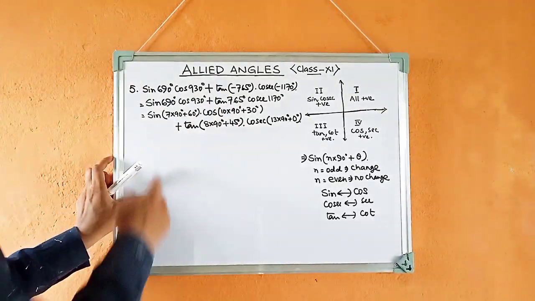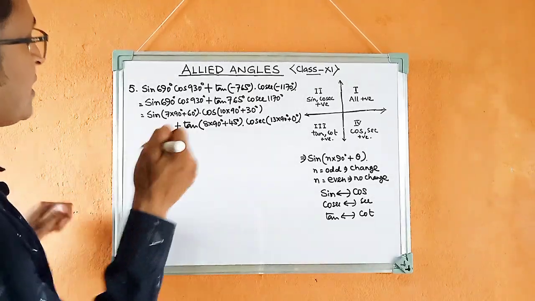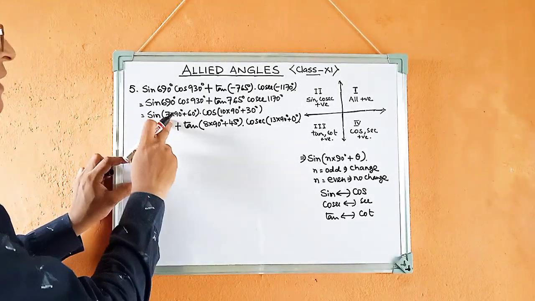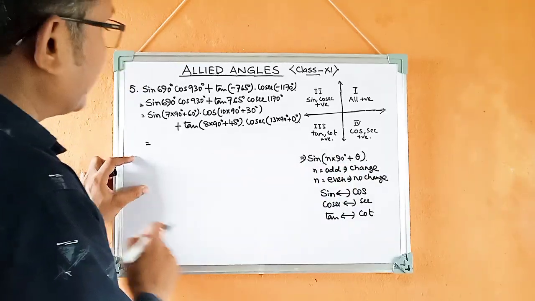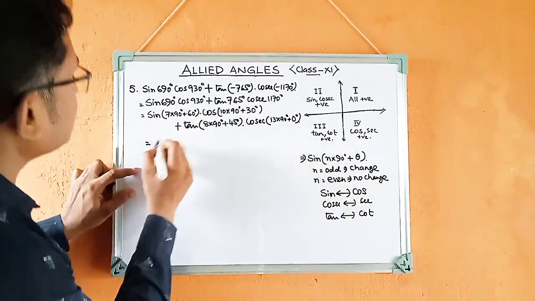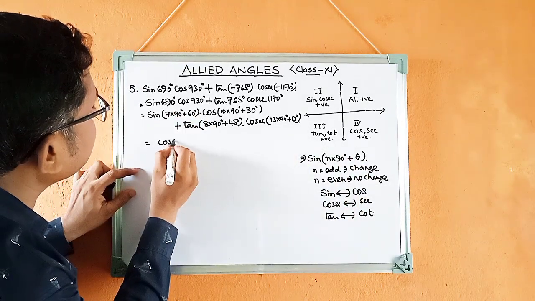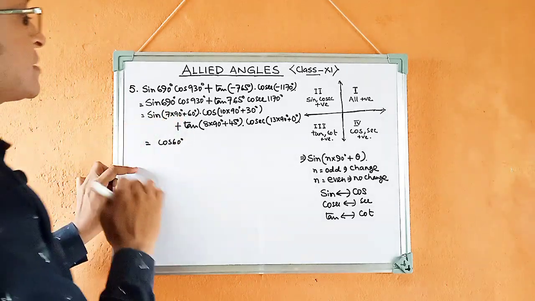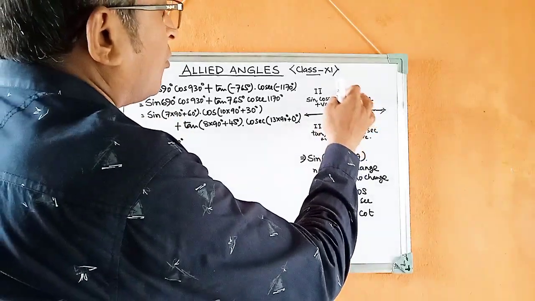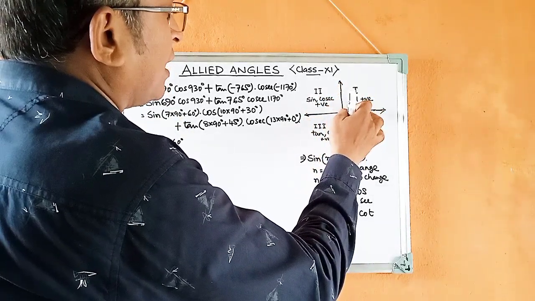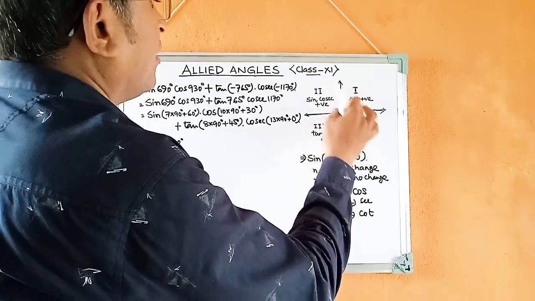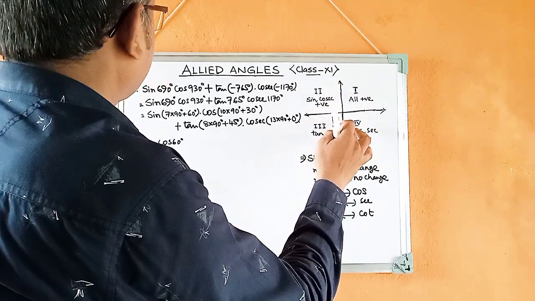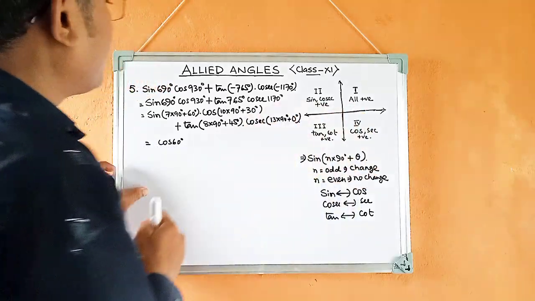Now see here, sine 7 into 90 degree plus 60 degree. 7 is an odd number, which means change, so sine changes to cos. We write cos 60 degree, and look at the quadrant: 7 into 90 plus 60 enters the fourth quadrant.